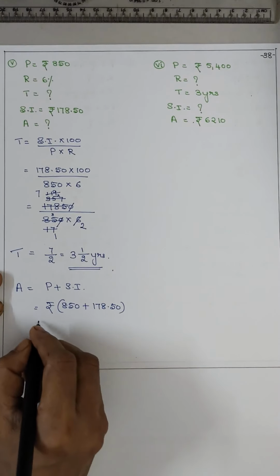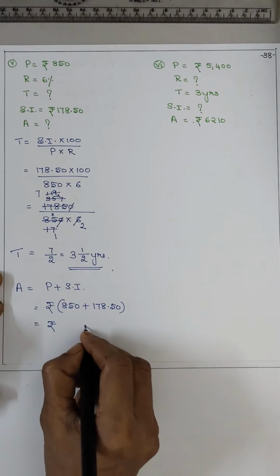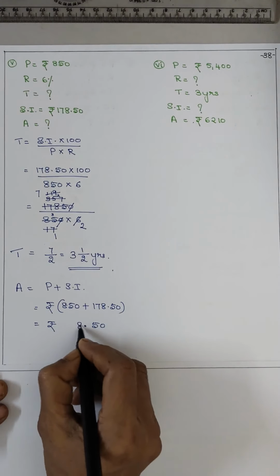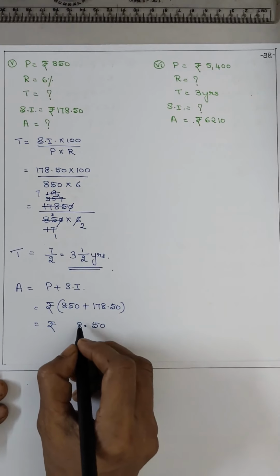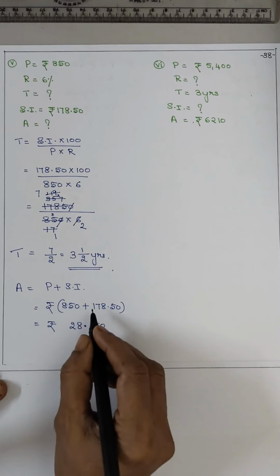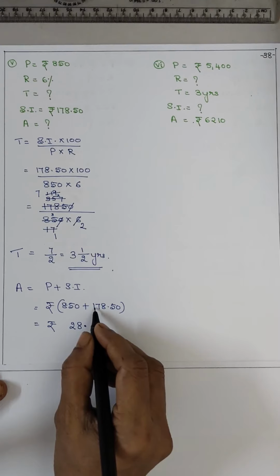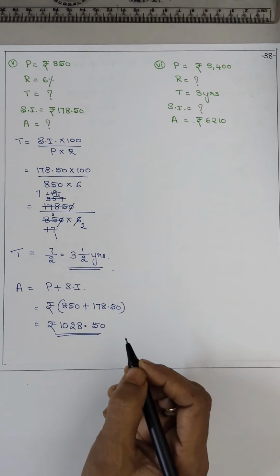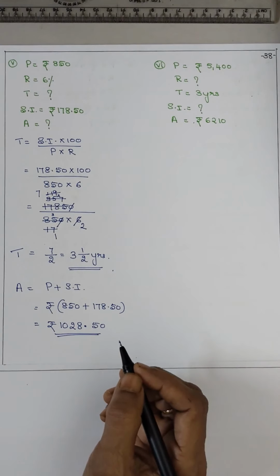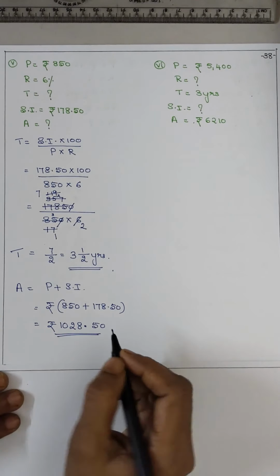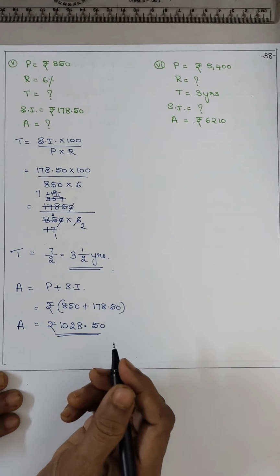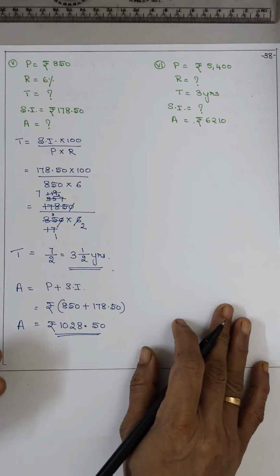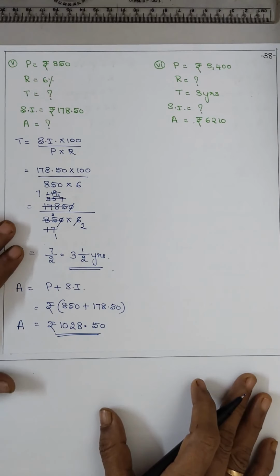So write 50 paise. 8 plus 0, 8. 7 plus 5, it is 12. 1 plus 1, 2 plus 8, 10. It is 1028.50. This is the amount. Is it clear?